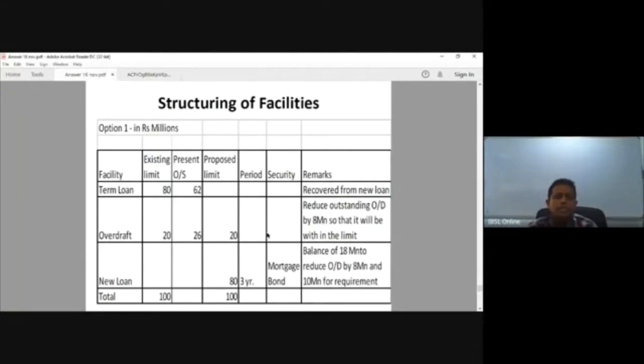The first option is that we are proposing a new loan of 80 million, and 20 million overdraft within the 100 million limit, and using the 80 million new loan, repay the 62 million existing loan and the additional exceeding limit of OD.